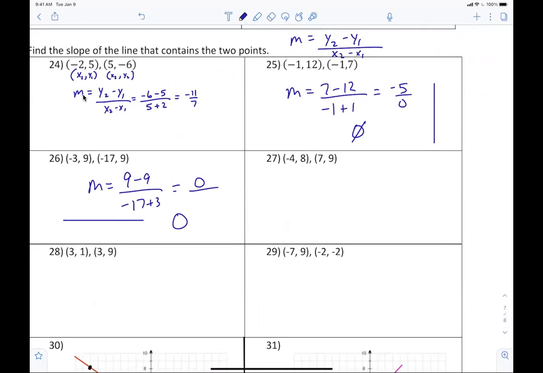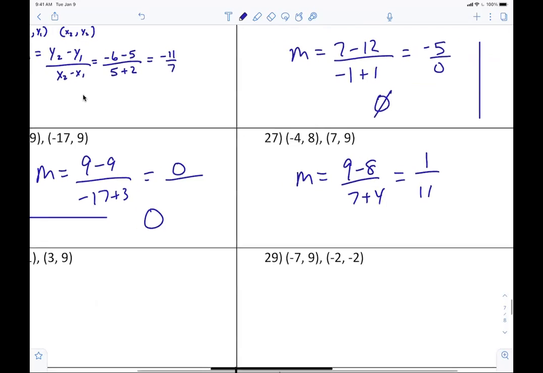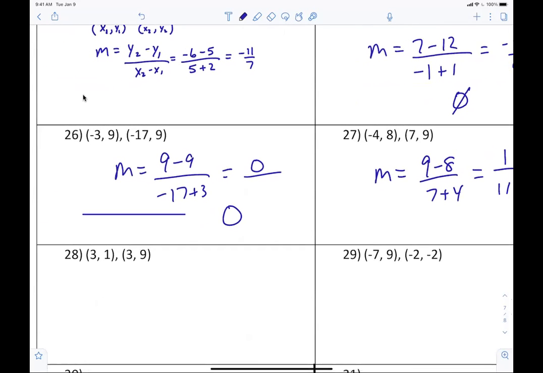All right, David, go. 9 minus 8 over 7 plus 4. 1 over 11. Write 0 down. It's not wrong, but just write the 0.